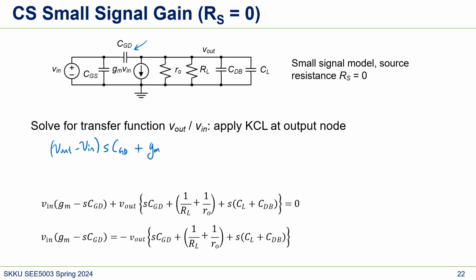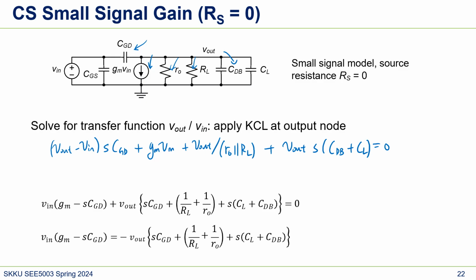Plus gm Vin, and then the current flowing through these two, which is Vout over ro parallel RL, and also the current here, that's also Vout times s(CDB plus CL), equals 0.